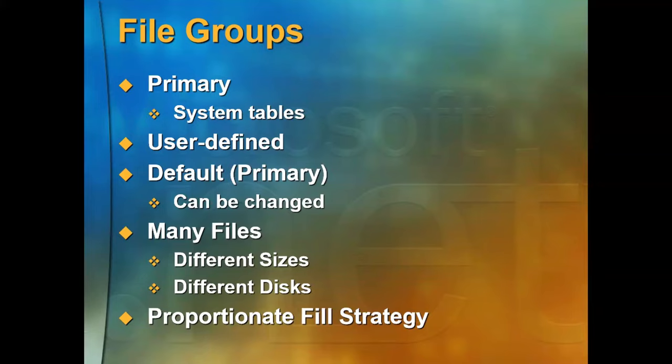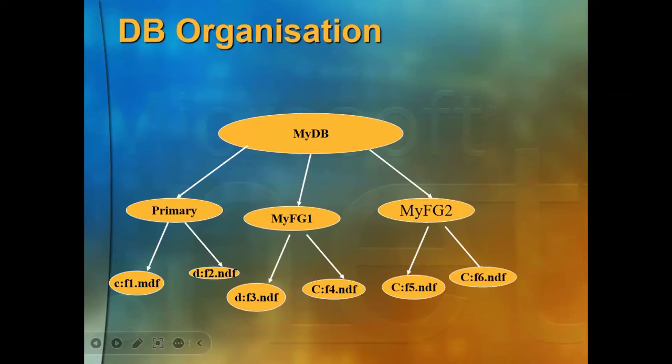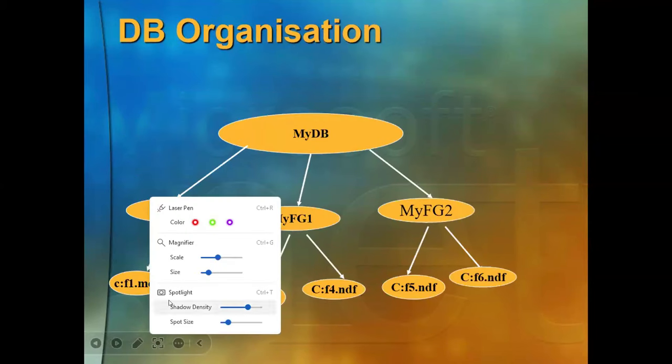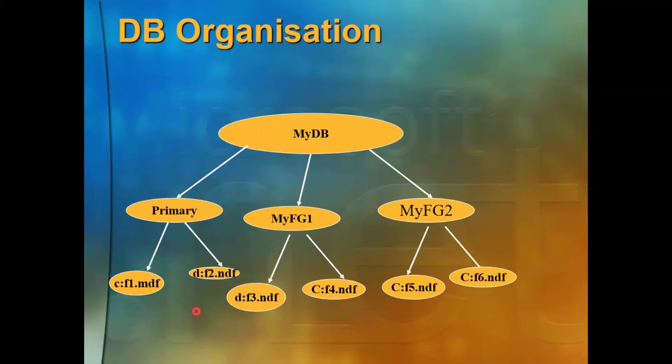And how is the file filled? It is filled using the proportional fill strategy. So I have many files here, and you will ask, how do I fill these files? If I have one file which is 2 GB and another file which is 4 GB, and I have 3 rows, one row will go into the 2 GB file and the other 2 rows will go into the 4 GB file, because what is the ratio of the size? 1:2.